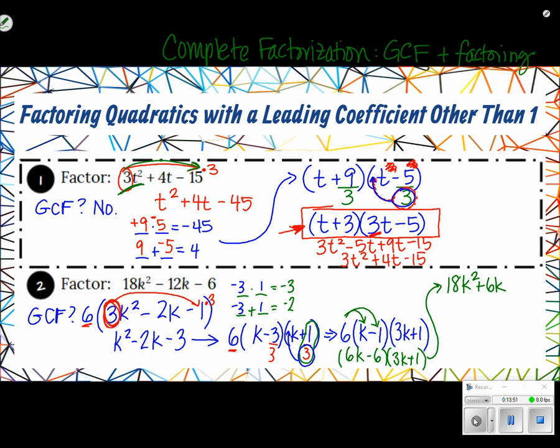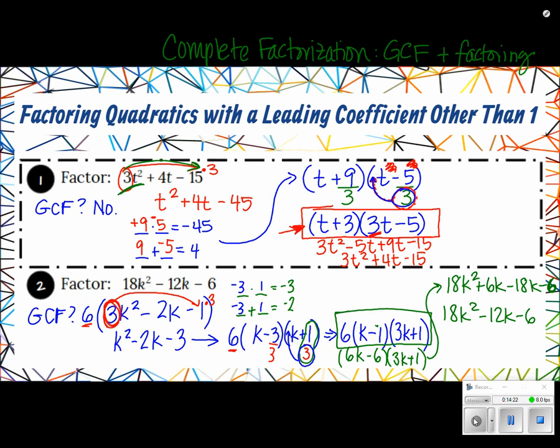Then negative 6 times 3k is negative 18k. And then negative 6 times 1 is negative 6. Squeeze that in there. It's hard to see, I'm sorry. And then we end up with 18k squared minus 12k minus 6. Is that what we started with? Oh, it is. So that means that what we have here is our answer, and it's completely factored.